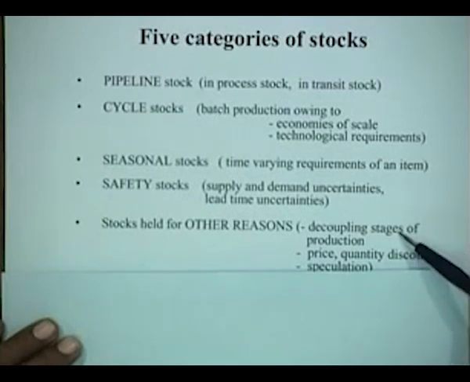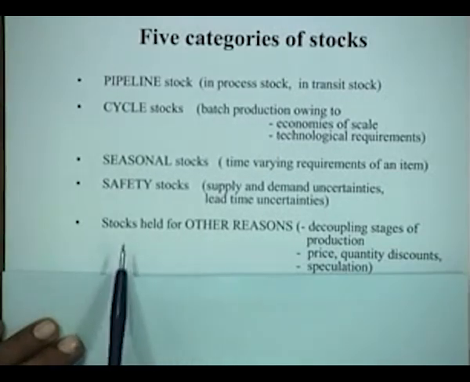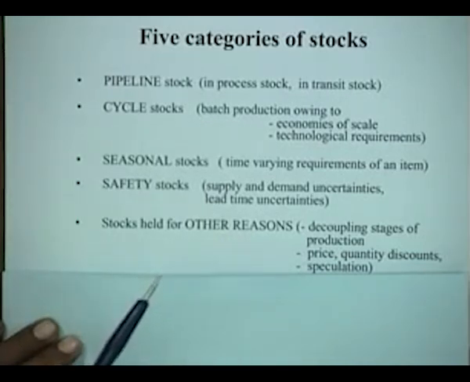For instance, if there are in a factory a number of machines connected from one to the other, and the production process is going on from one stage to the next stage, then in order to decouple the individual stages, you can hold stocks between the machines, so that even if one breaks down, the other one can keep on working. That's the decoupling function of inventories.